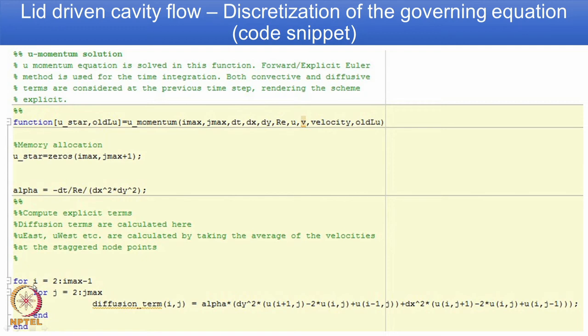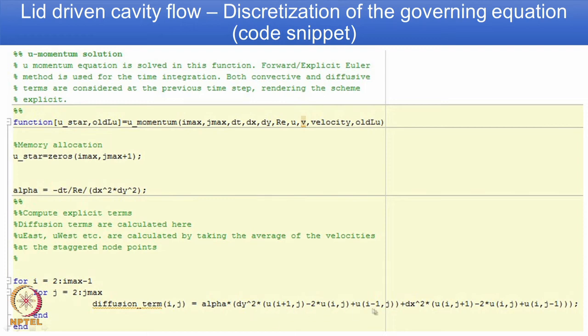So, for i equal to 2 to imax minus 1, and for j equal to 2 to jmax, diffusion term (i, j) equals alpha star dy squared multiplying u(i+1, j) minus 2 times u(i, j) plus u(i-1, j).